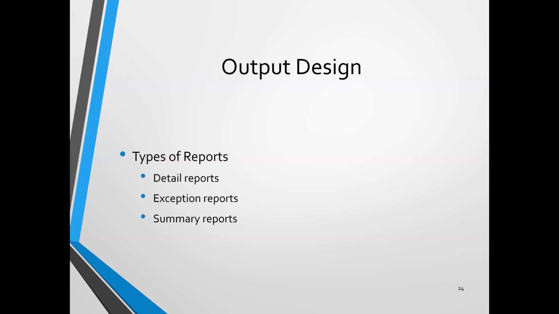After that, we talk about exception reports. Exception reports means a report that you design to show something that is an exception. For example, if I want to have a report to show which student hasn't paid the money yet, that is an exception. Or which student whose GPA is lower than 1.8, something like that.